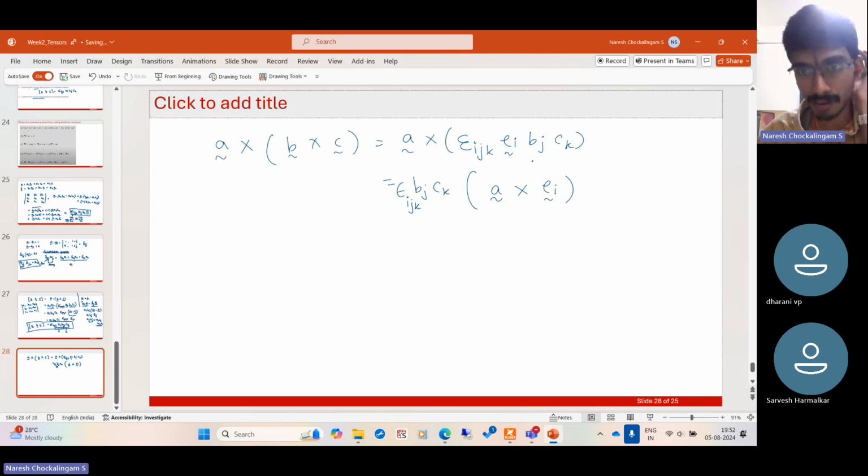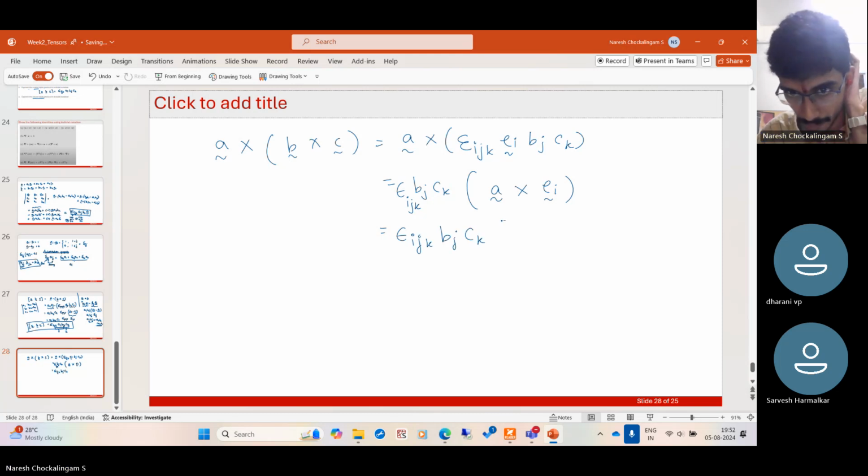Now you should be careful because a cross product is not commutative. You cannot write it as ei cross a. It's always a cross ei. So here you have epsilon ijk bj ck. This cross product you can write again as epsilon.